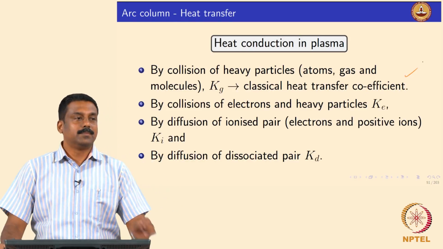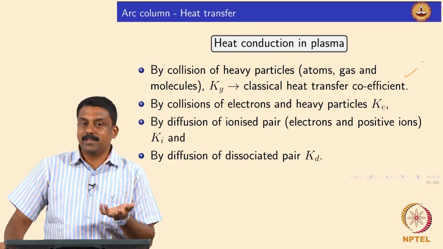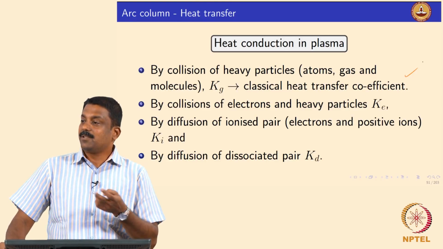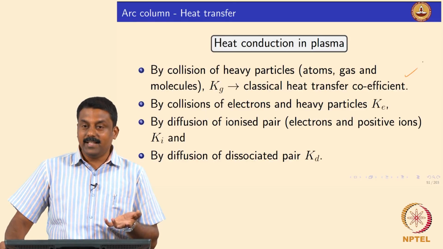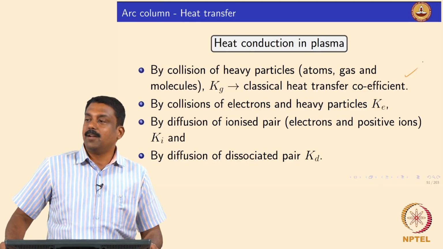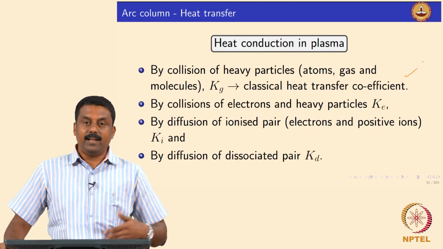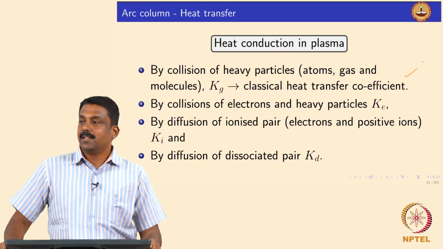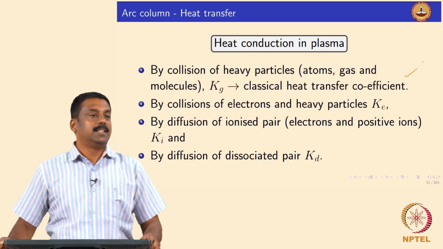Okay? But in an arc, we also have the ions, the electrons. We are also continuously ionizing the gas, and we are also dissociating, if you have the diatomic gas or molecular gas. So, in all 4 ways that I listed here, the heat can be conducted in an arc.